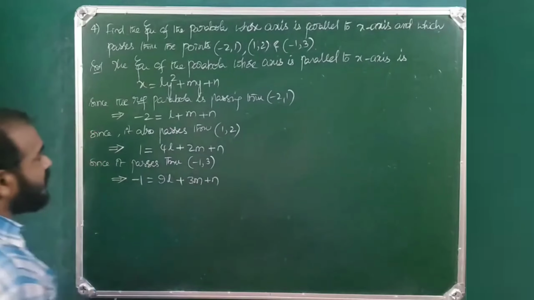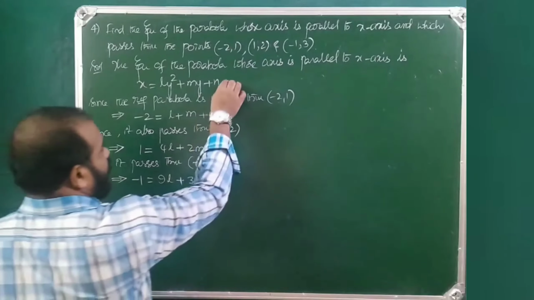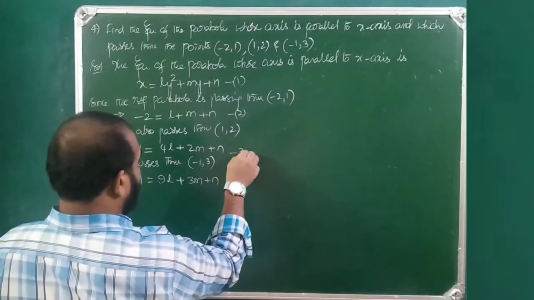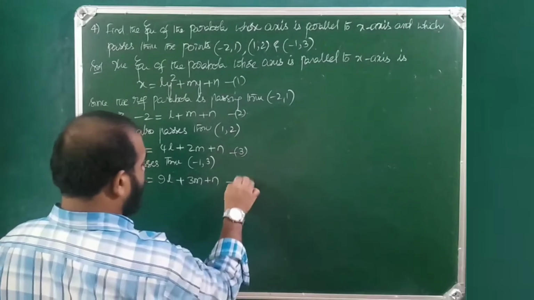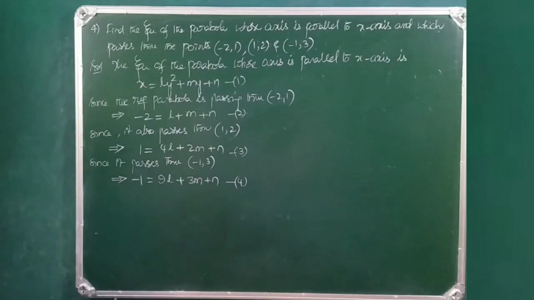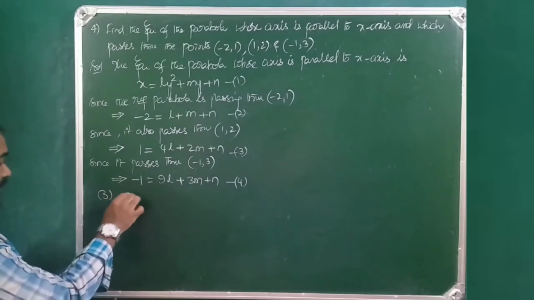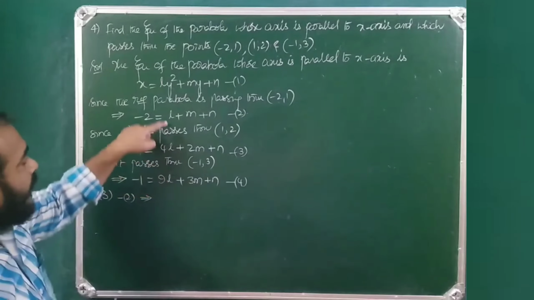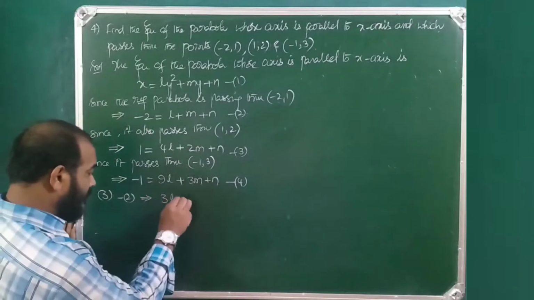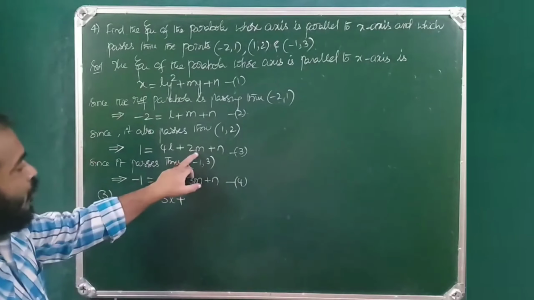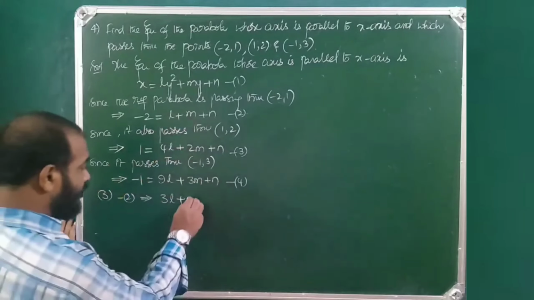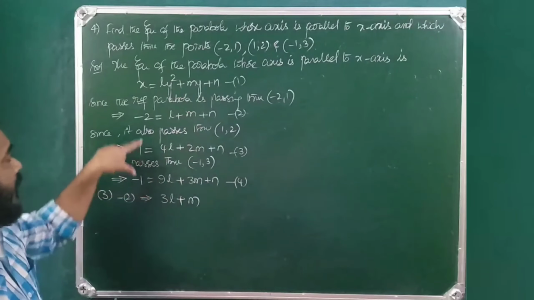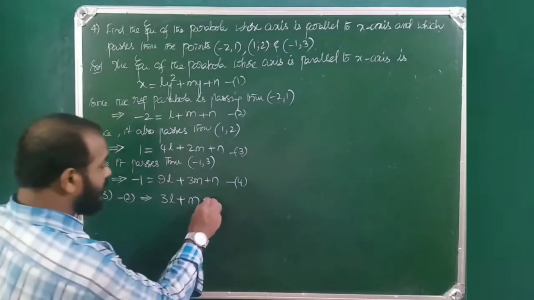Now what I am doing is, this is the first equation, this is second, third and fourth. So now third equation minus second equation gives 4L minus L is 3L, plus 2m minus m is m, plus n minus n gets cancelled, equals 1 minus of minus 1 plus 2, which is 3.